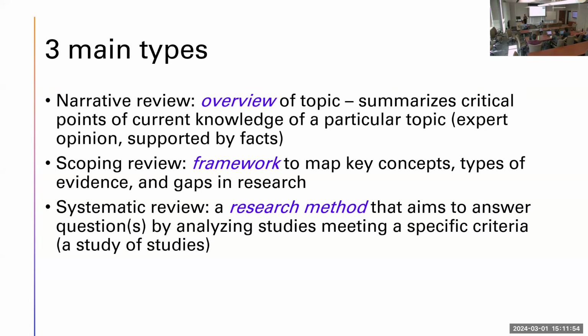It can also formalize jargon or language within a specific sphere, so following or tracking a particular usage of phrasing. And then you have systematic review. This is a research method that aims to answer questions by analyzing studies and meeting specific criteria. So it's a study of studies. And then you have an additional subset, say like a meta-analysis and so on and so forth. But these are the big overarching set of things in this review.